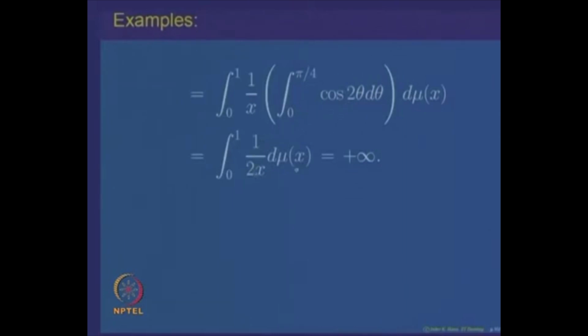So, it is 1 over 2x d mu(x), which is equal to plus infinity, because 1 over x is not integrable. So, a simple computation shows that this function is not integrable.